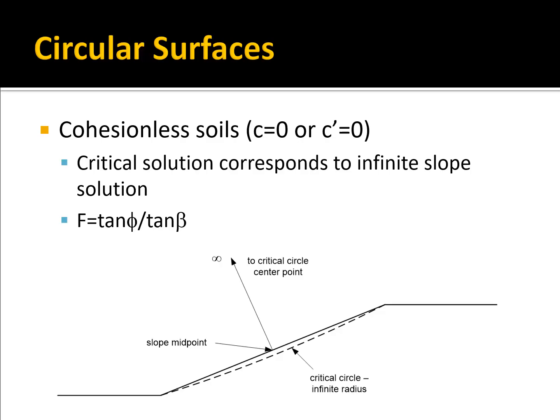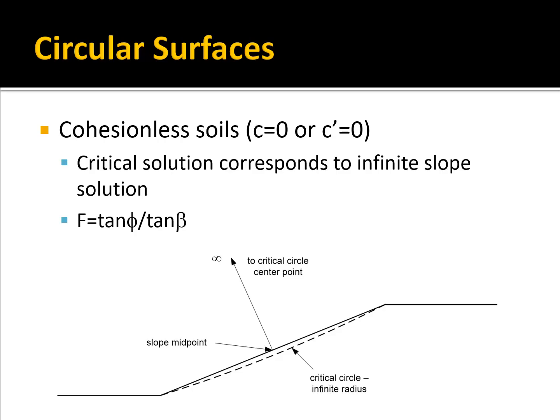And if you plug in the geometry and the material properties, let's say a simple slope like this, where you have a phi value but C is 0, you should notice that when it converges to the critical circle, it will be some circle that just barely skims the surface of the slope, and the center of the circle will be out at some really large distance. So it's a large diameter circle. And so what it's simply doing is converging to the infinite slope solution.